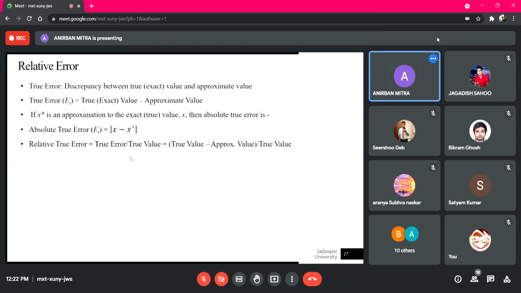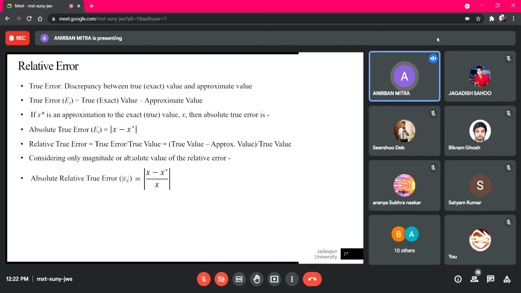This can be expressed as x minus x star divided by x. Obviously, here we consider only the magnitude or absolute value of the relative error. So we get absolute relative true error and represented by epsilon t.